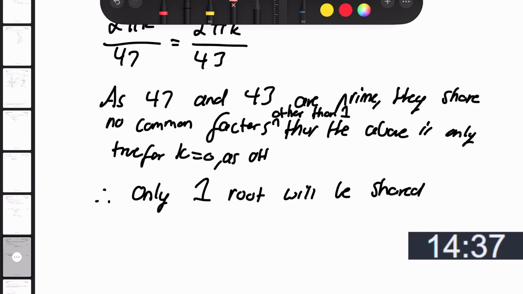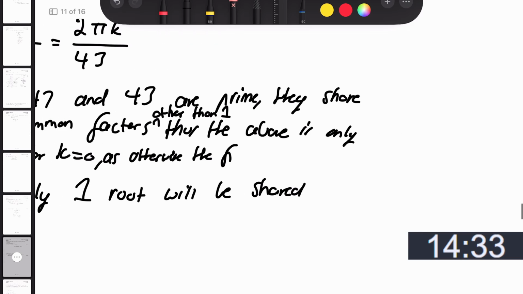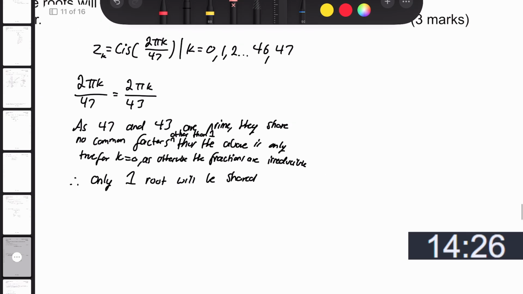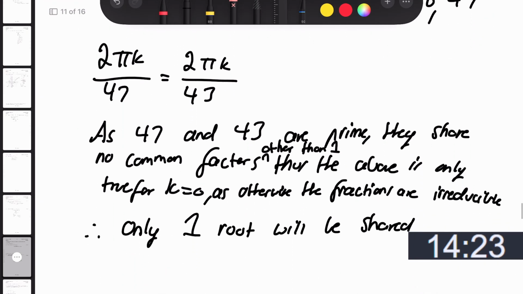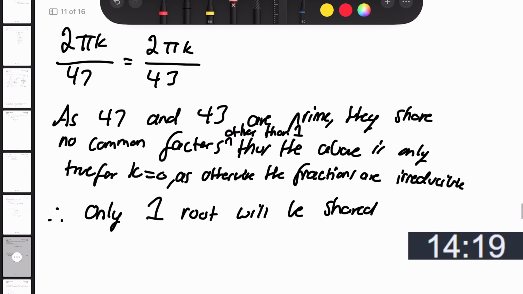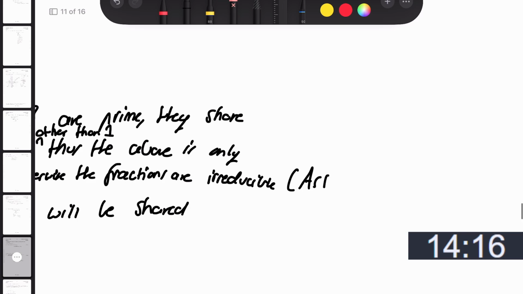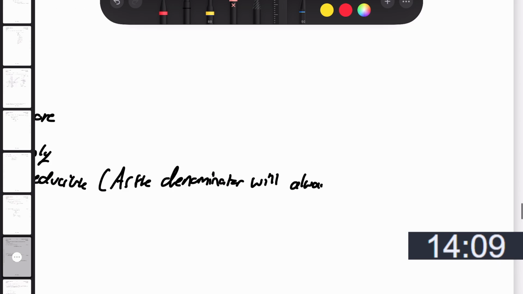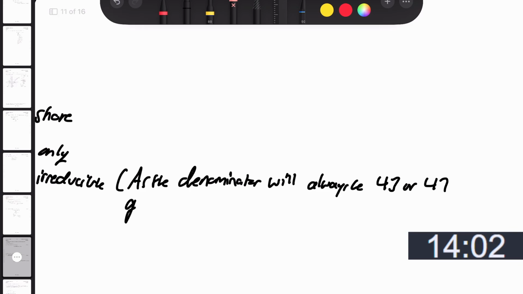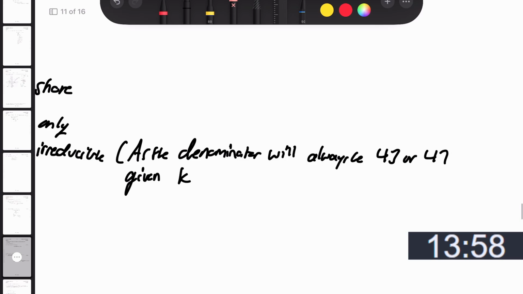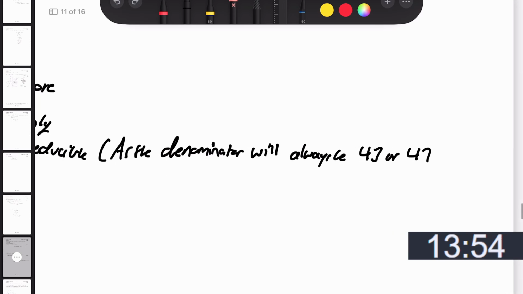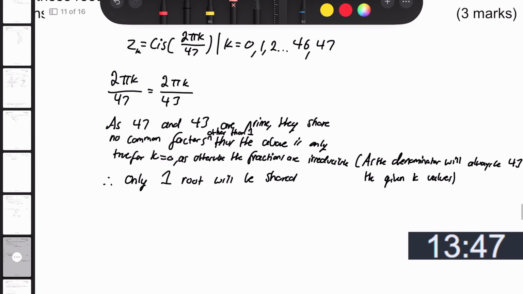Otherwise, the fractions would not be, as the denominator will never change, given k. And one will be shared.